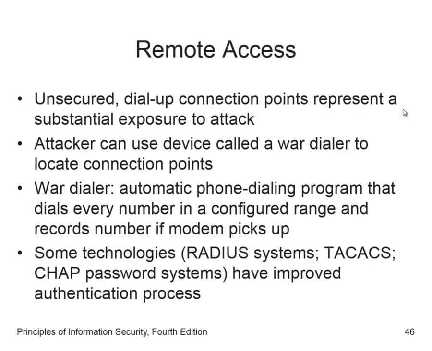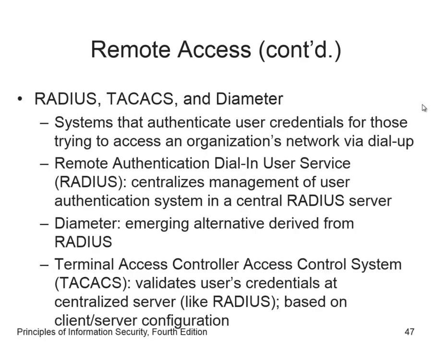Some technologies such as RADIUS systems, TACACS, and CHAP password systems have improved the authentication process. RADIUS and TACACS are systems that authenticate the credentials of users who are trying to access an organization's network via a dial-up connection.